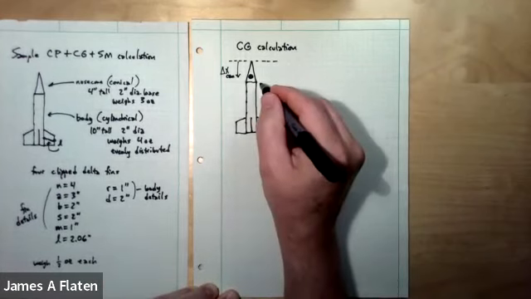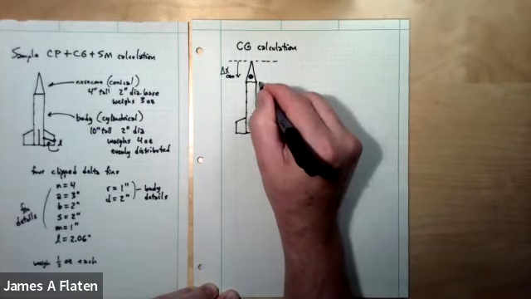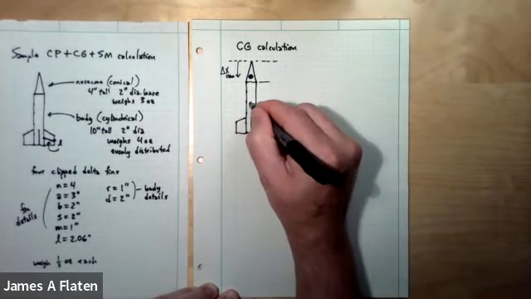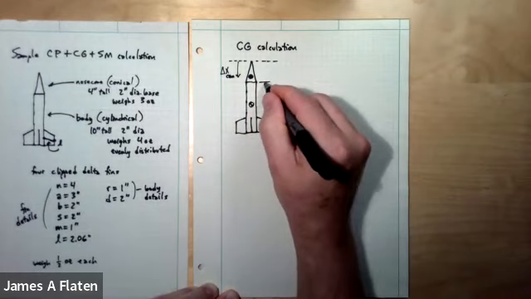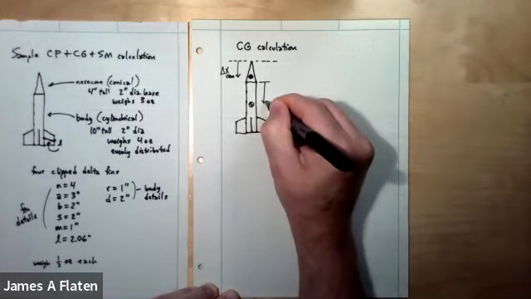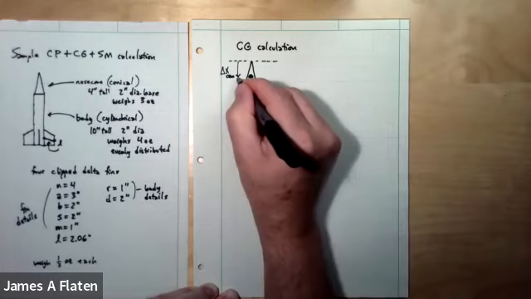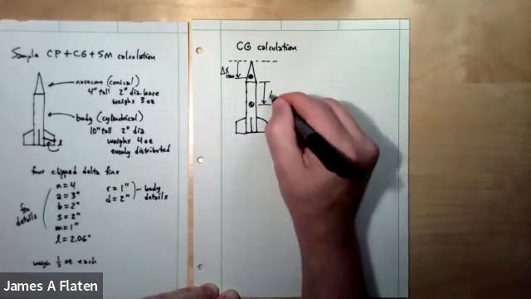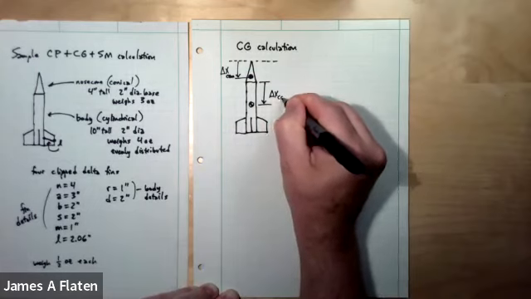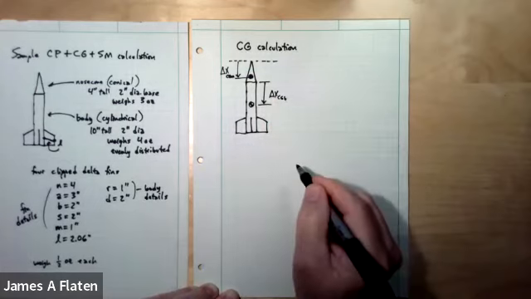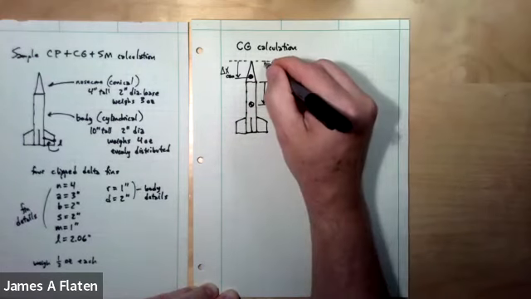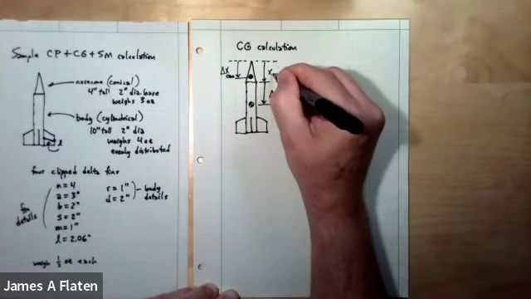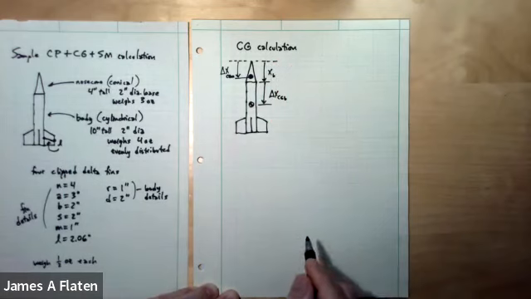And then I might have a distance from the beginning of the body to the center of gravity of the body. So that would be called delta x CG body. And then of course the body itself is some distance from the 0 point.